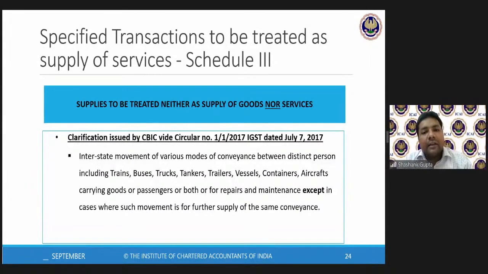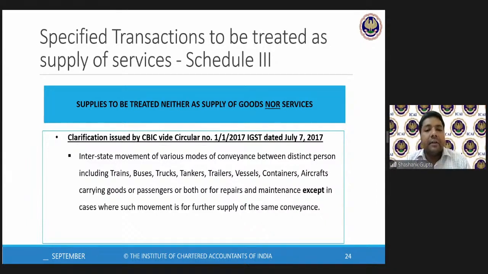So this was the kind of anomaly, illogical aspects which were coming out from the condition of supply between distinct persons. A clarification was issued. Addition was made to Schedule 3.